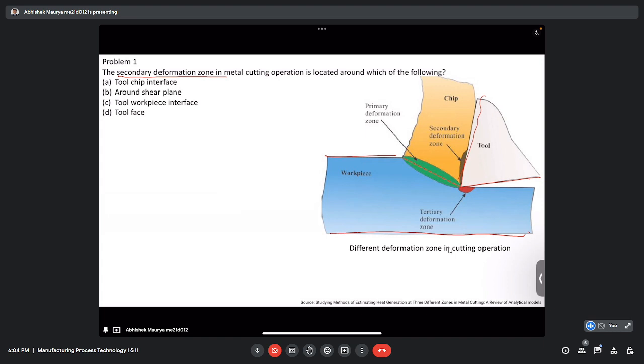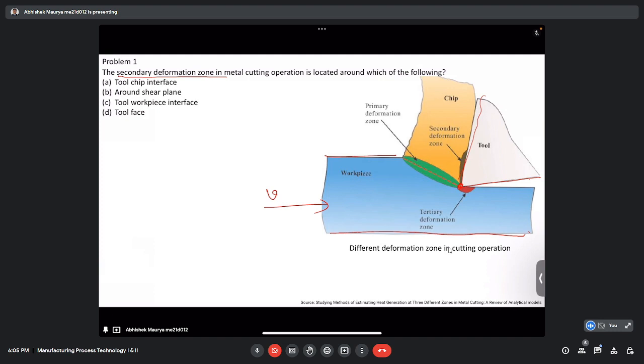The cutting process will occur only if there is a relative motion between tool and workpiece. Let's say our workpiece is moving with velocity v towards the right side, and our tool is fixed. The cutting process occurs because of interaction of the tool tip and the workpiece material.